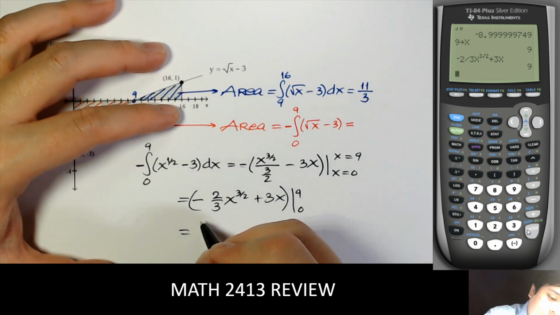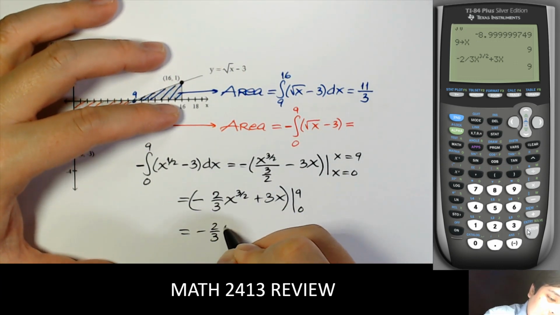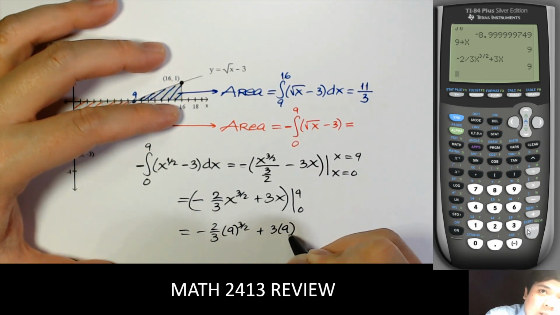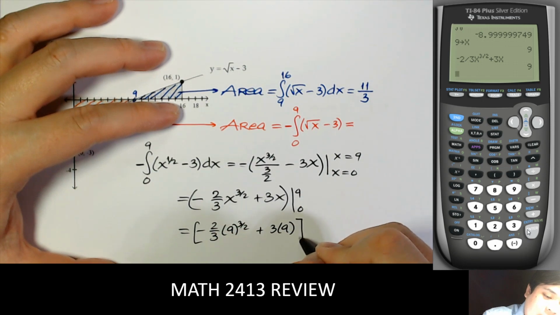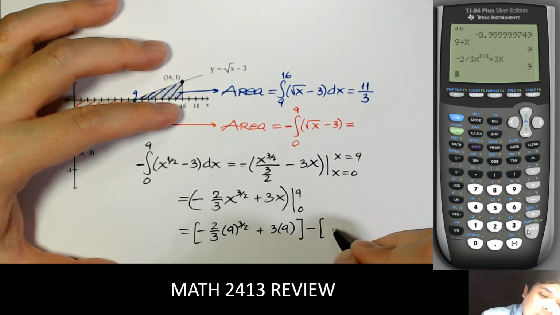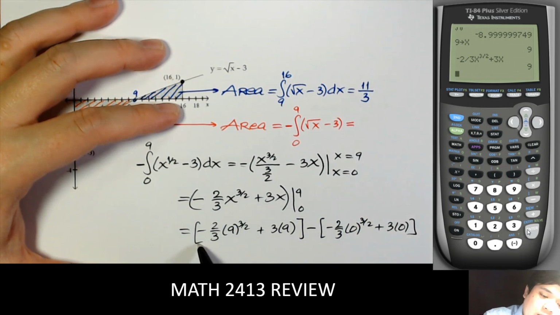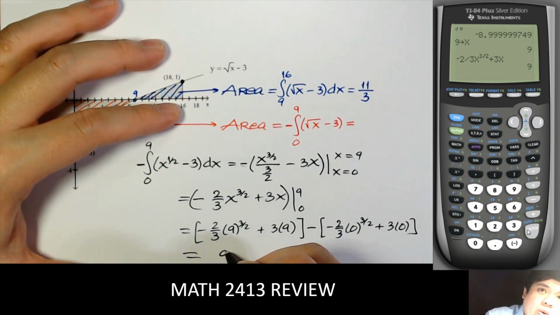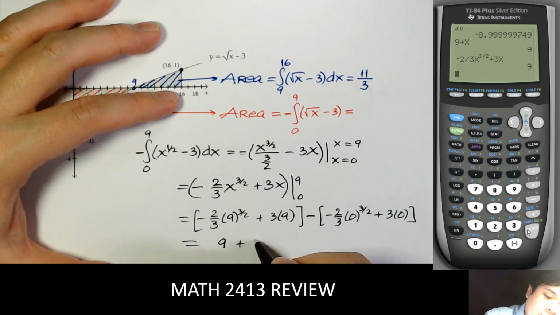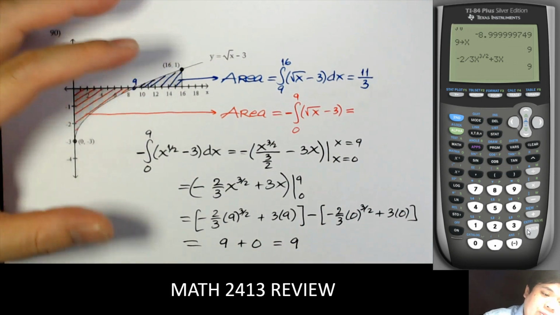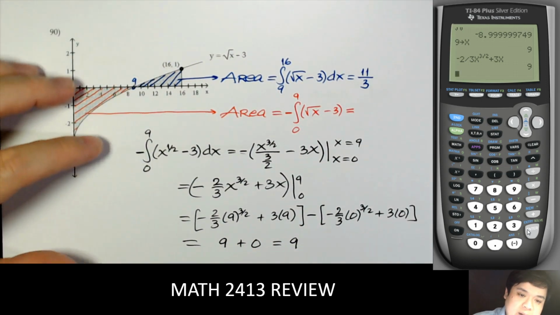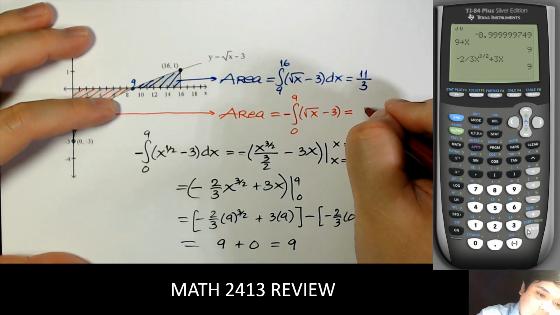So put in 9. And then we sub in 0. Subtract the values of the function at those limits. Of course, this we calculate in the calculator. We have 9 already. This we just have 0. So 9 plus 0 is 9. And finally, so this actually is equal to 9.